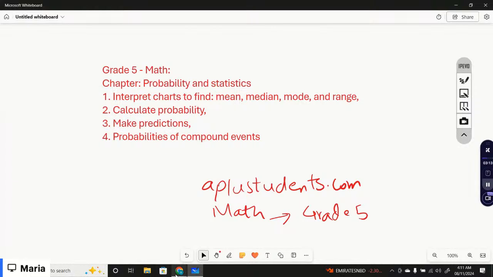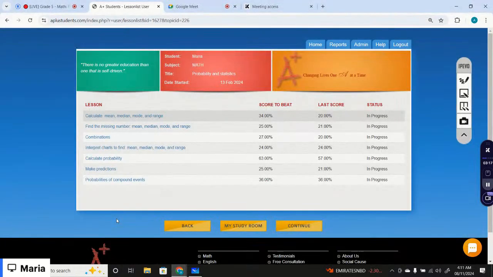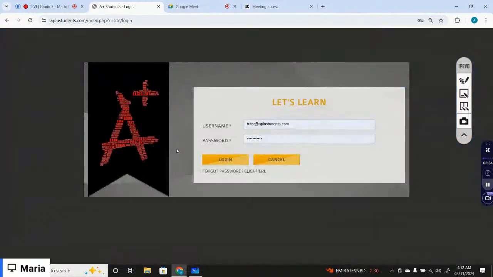So please make sure you have your notebook and pencil so that you can note down the important examples and definitions as well, right? So here I'm on grade 5 math, and the chapter we are on right now is probability and statistics. Let's just start with the lesson that is interpret charts to find mean, median, mode, and range.